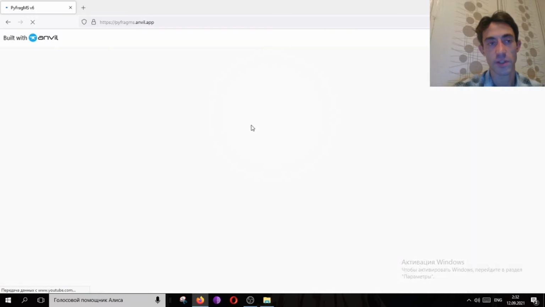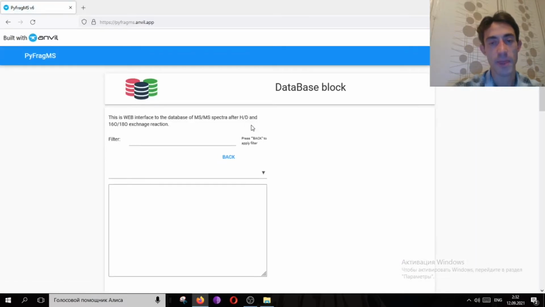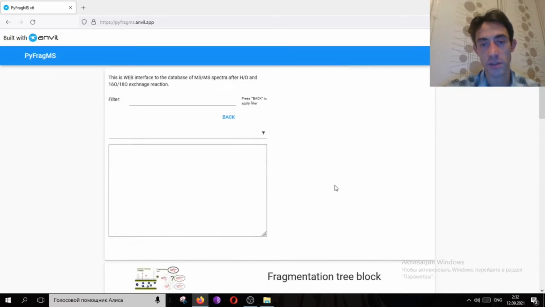So let's go to PyFragMS and see how it works and what it can do. This software consists of three blocks. The first block is the database block.